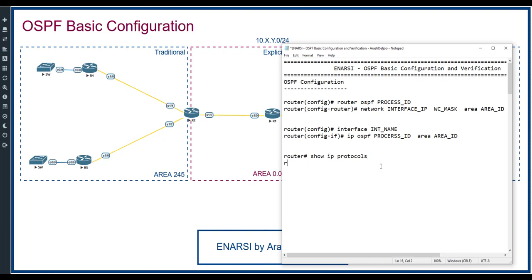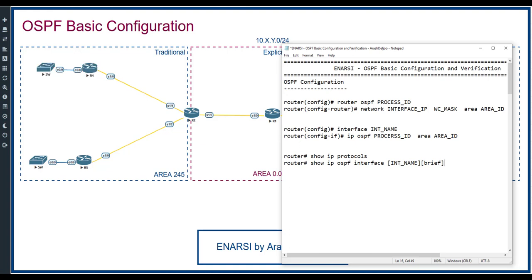The next command that in most cases we use for troubleshooting is show IP OSPF interfaces, or show IP OSPF interface. Here you can use show IP OSPF interface with the name of the interface or the brief keyword. When you use show IP OSPF interface without brief, you will receive a lot of information. For example, for one interface, you will receive one page of information.